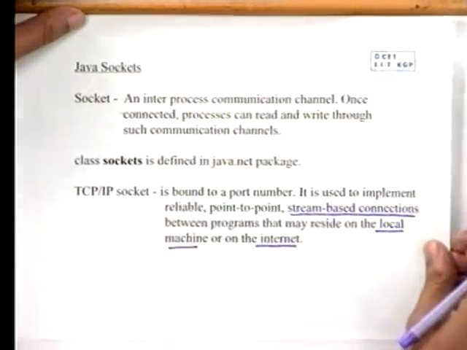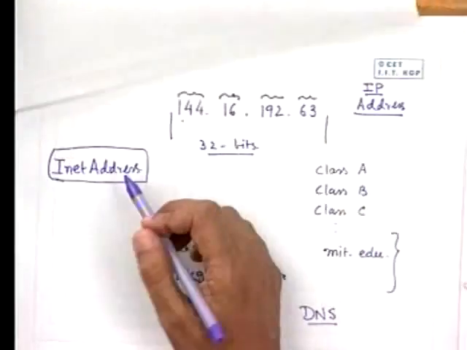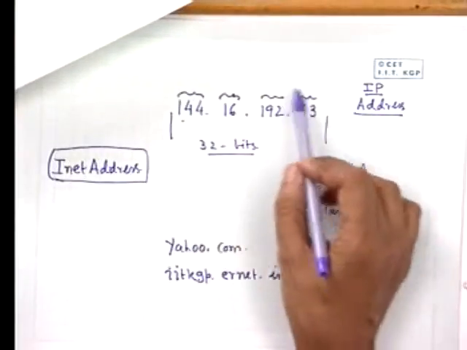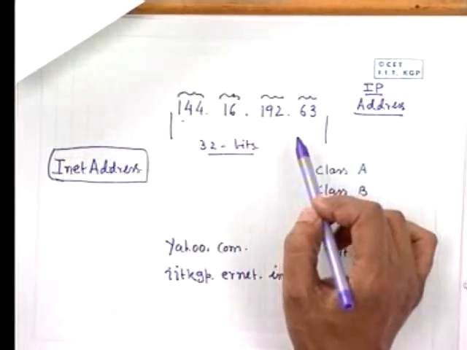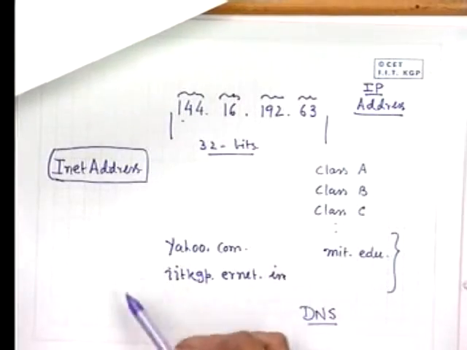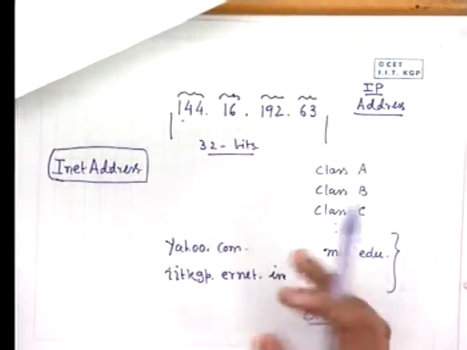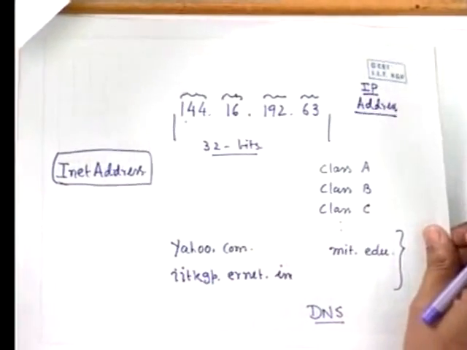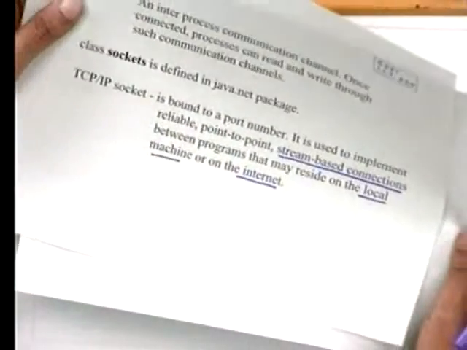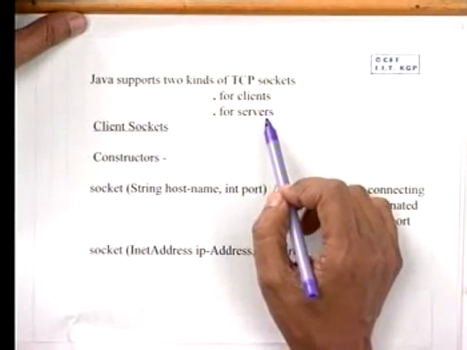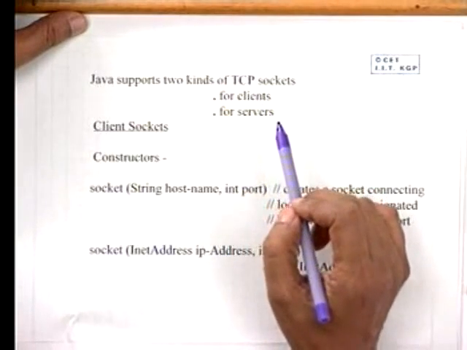In the case of the internet, the address will be specified either as a full IP address, which is the physical address, or in terms of logical names like yahoo.com or iitkgp.ernet.in. Now, as far as TCP/IP sockets are concerned, there are two kinds of TCP sockets, one for clients and another for servers.